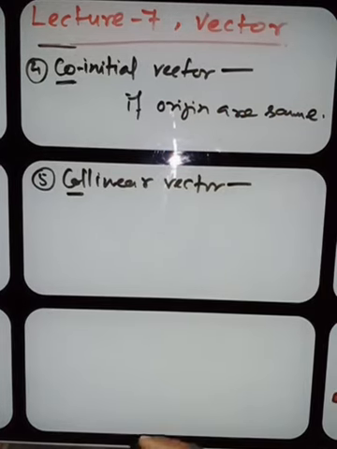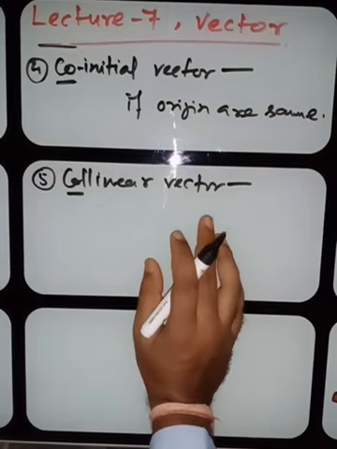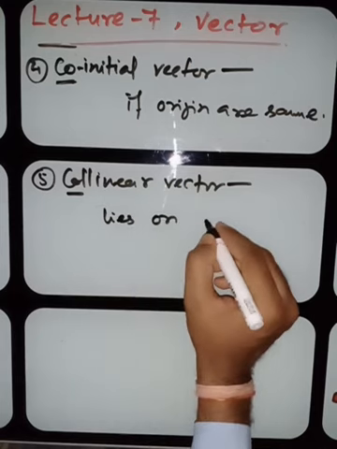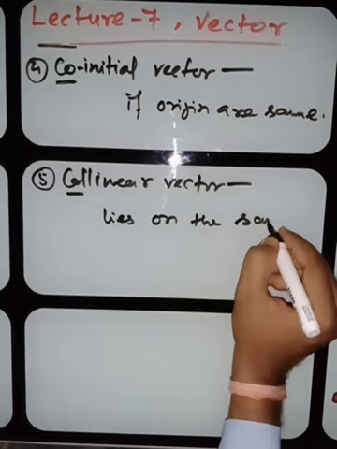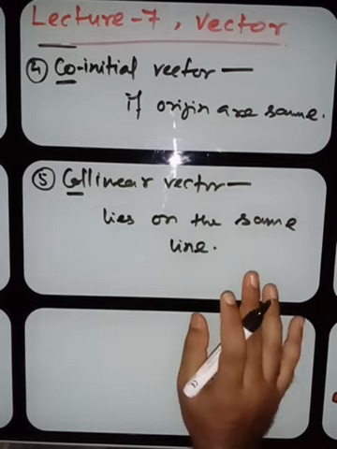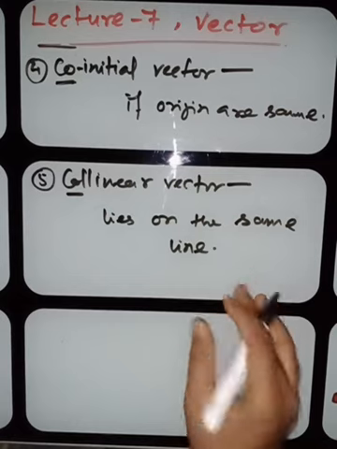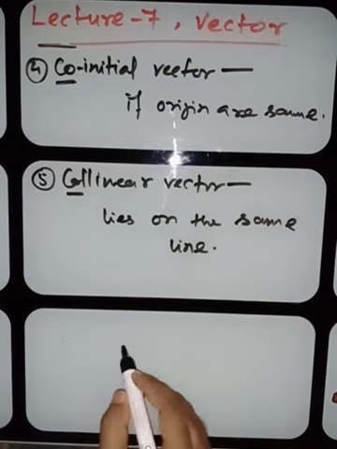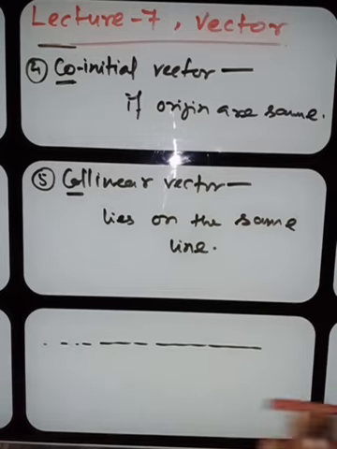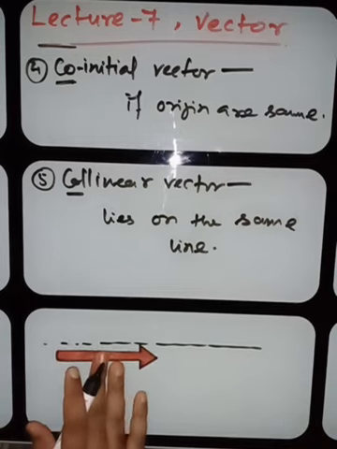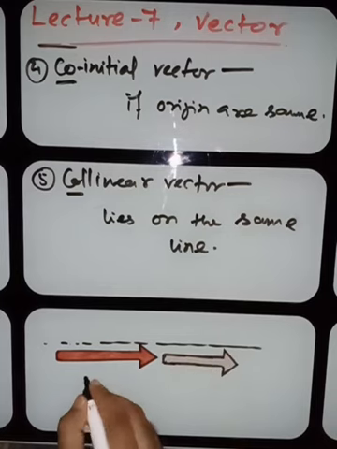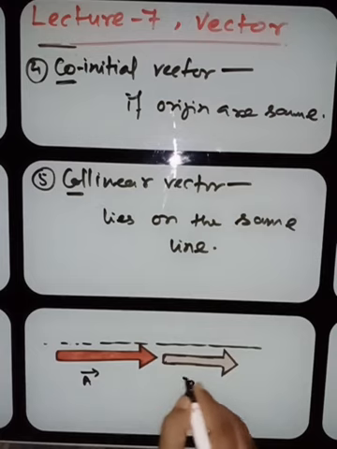So collinear means if two vectors lie on the same line, then the two vectors will be considered collinear. Remember, if this is the line and you put two vectors, suppose here A and here B, then these vectors A and B are considered collinear.